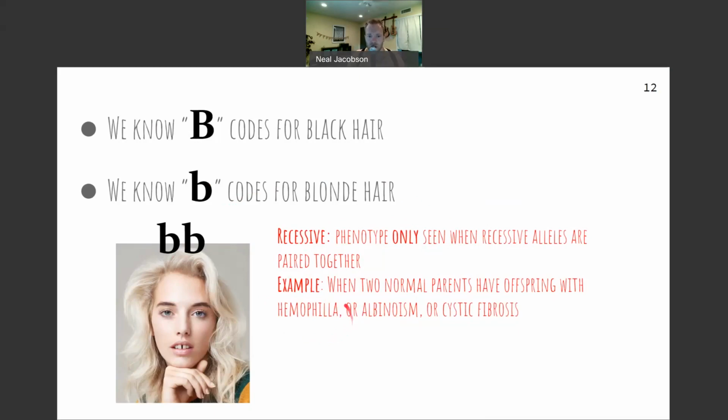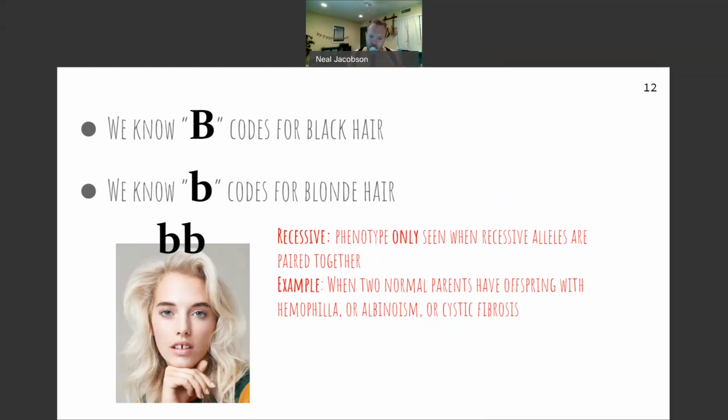What's really interesting about royalty is that royalty in the past was considered to have specialness. They talked to God or whatever it was. And the people in the royal family were all considered to have elements of the divine within them.